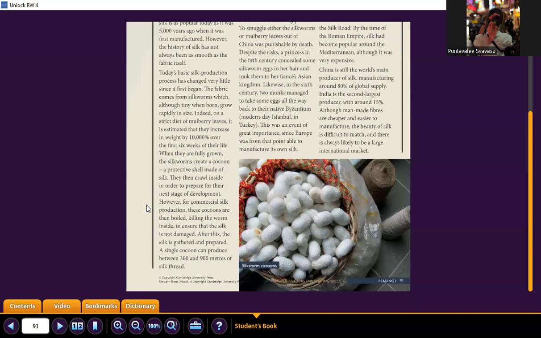The statement says the silkworm itself can grow to 5 centimeter long. But if you look at the text, they talk about the length of something else, for example the silk thread that is 300 to 900 meters. They talk about fully grown and the length, but it's not the same thing.